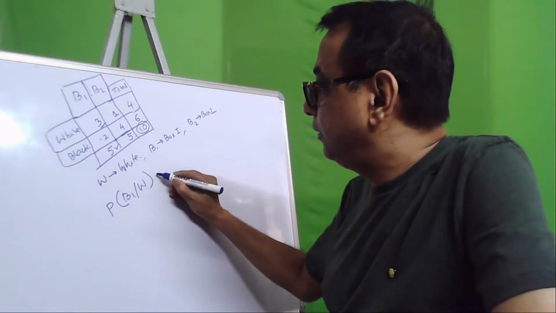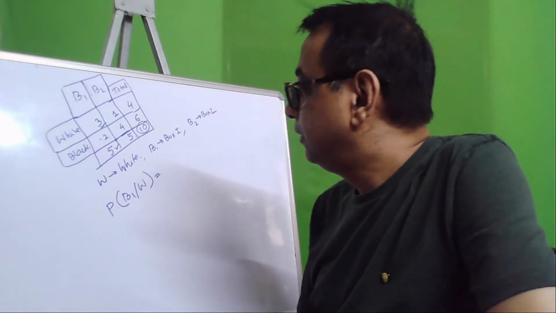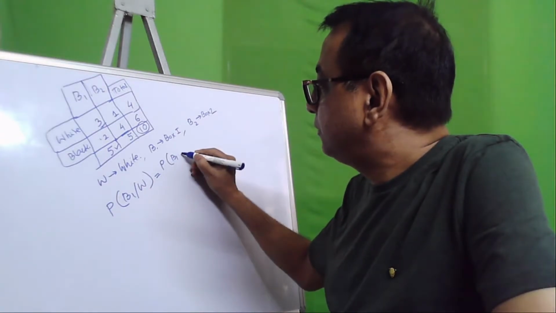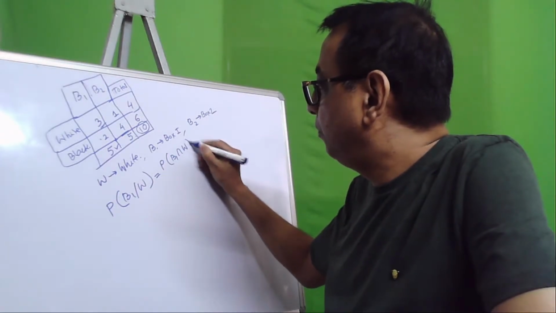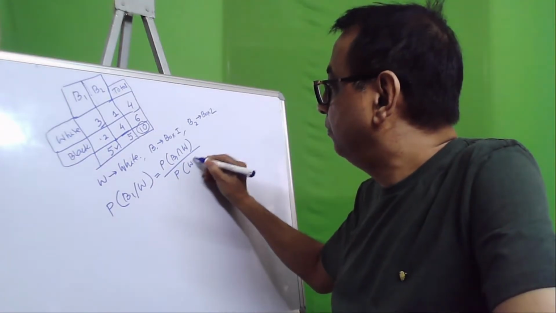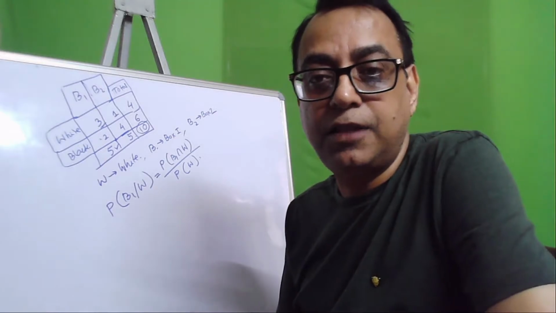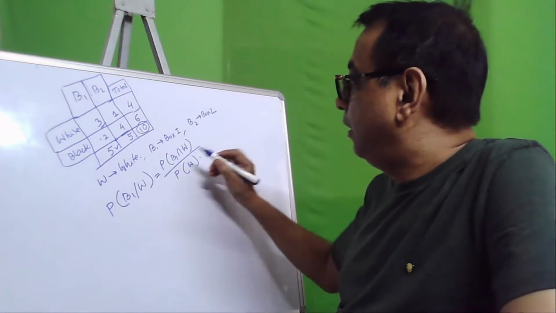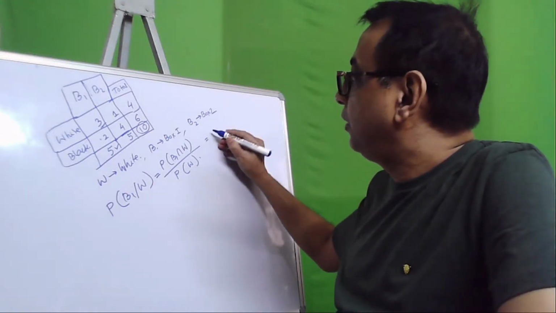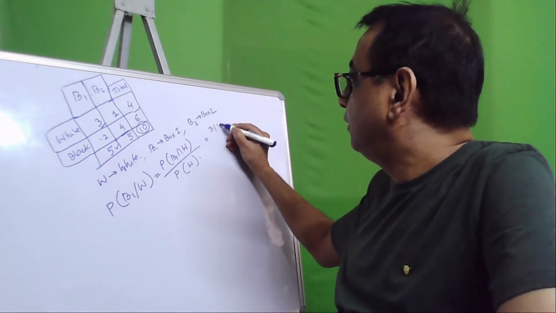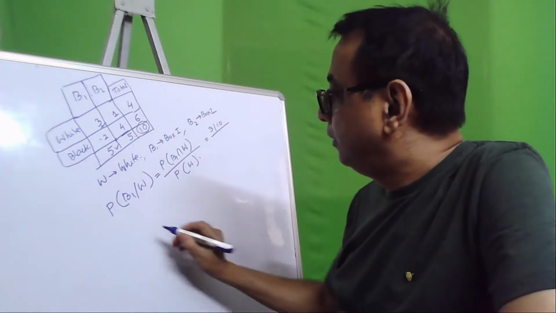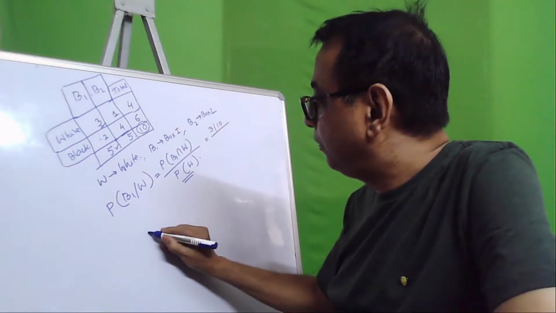Here it will be, by the same logic, probability of B1 intersection W divided by probability of W. Now we know probability of B1 intersection W, we have already found it is 3 by 10. Now we have to find out what is the probability of W.